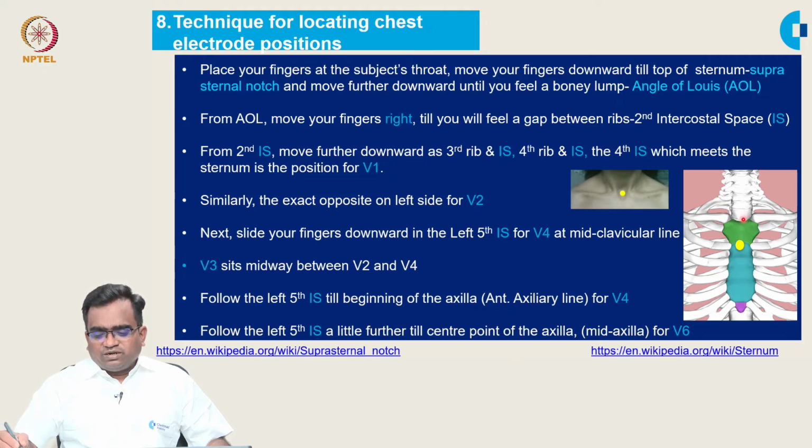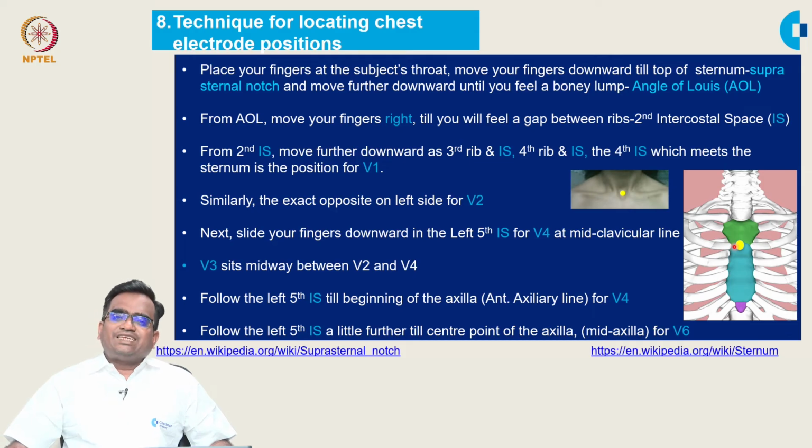When the healthcare provider moves the finger downward, he will feel a little elevation or lump, which is called the angle of Lewis. This angle of Lewis is an important landmark in locating the ECG chest leads. The angle of Lewis corresponds to the second rib on both sides.